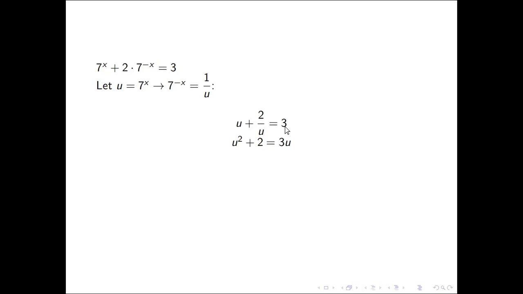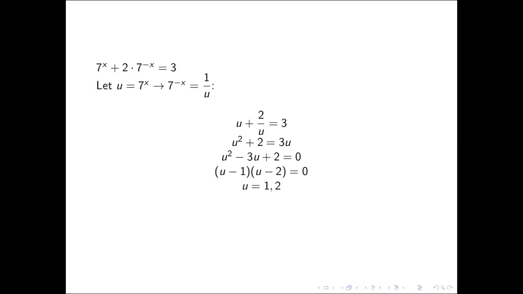Multiplying the right-hand side, we get 3u. So this is a quadratic in u, which is solvable by factoring as follows. Collect all on one side, factor out. You can review this later by pausing the video, and then solve for u: 1 and 2.